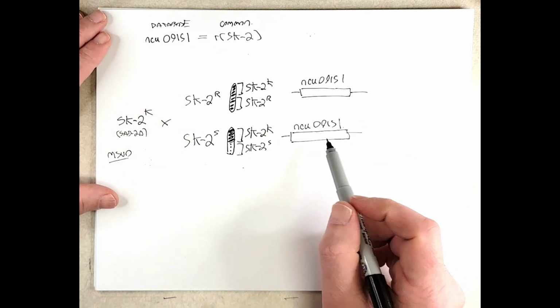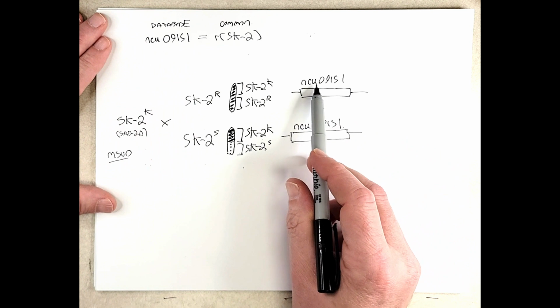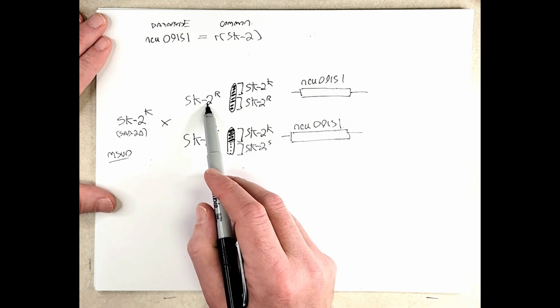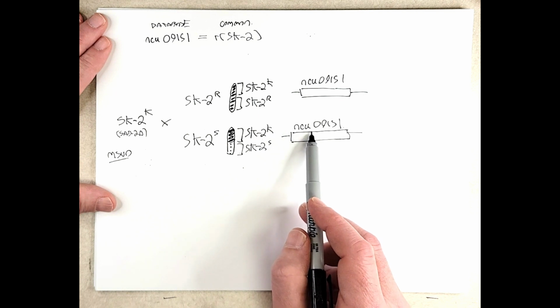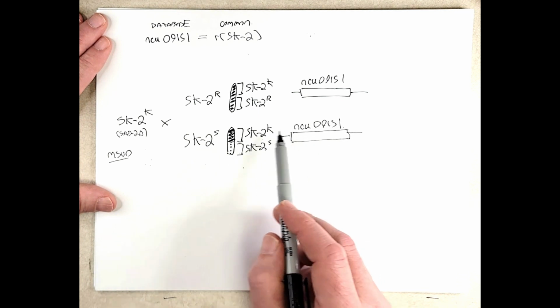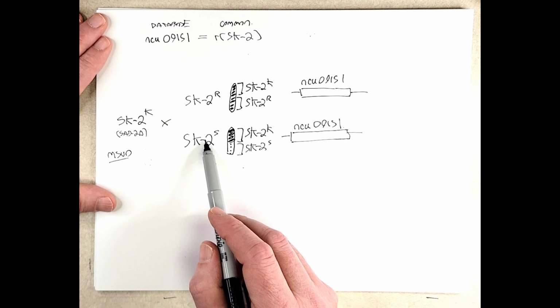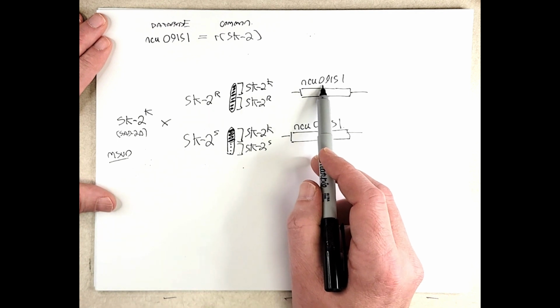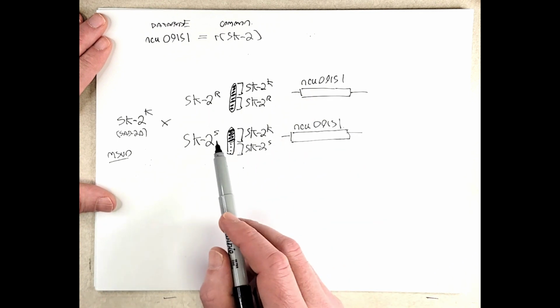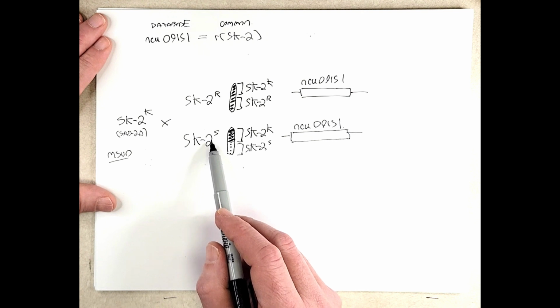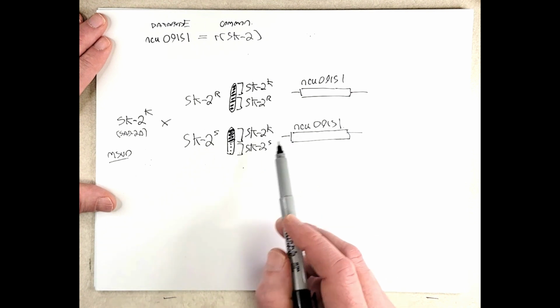So what is it? What is it about NCU09151 in this strain that makes it resistant, but not in this strain? What is it about this strain's version of NCU09151 that makes it resistant, as compared to this strain's version, which does not make it resistant?